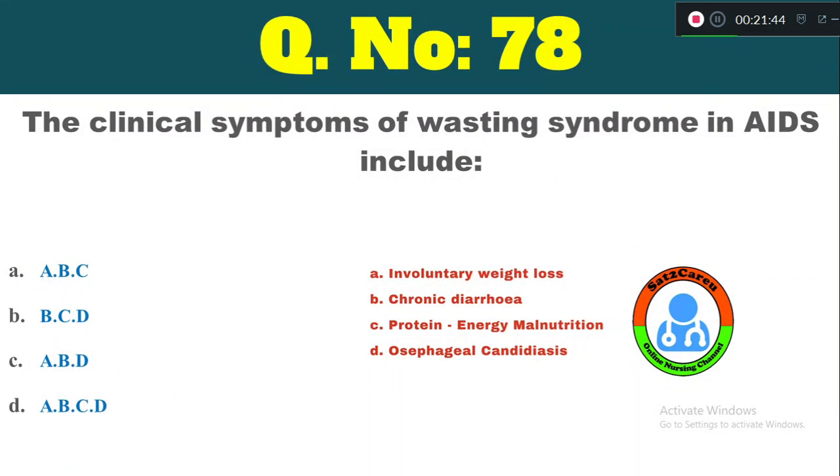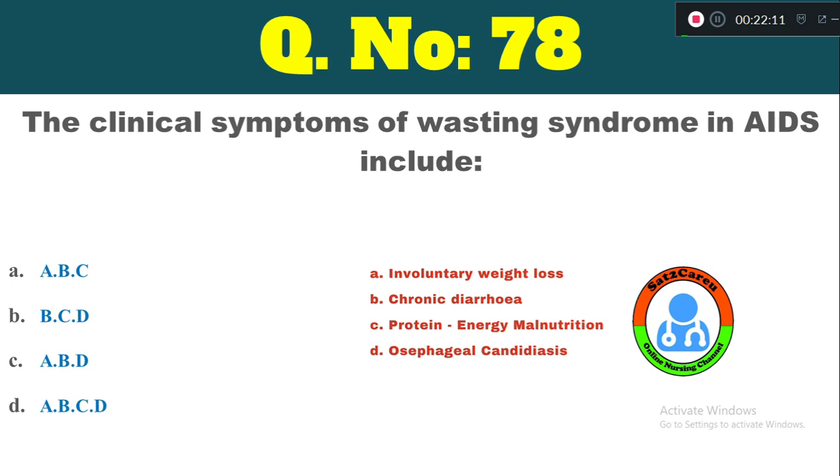Question number 78. The clinical symptoms of wasting syndrome in AIDS include option A, involuntary weight loss, B, chronic diarrhea, C, protein energy malnutrition, option D, esophageal candidiasis. So which is included in the clinical wasting syndrome because of AIDS?